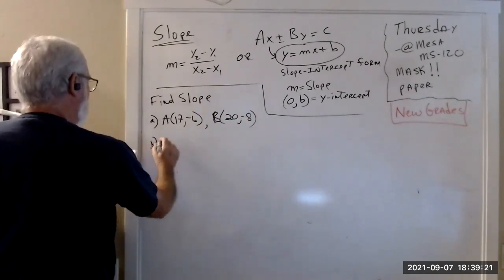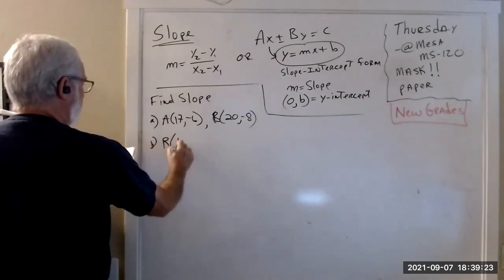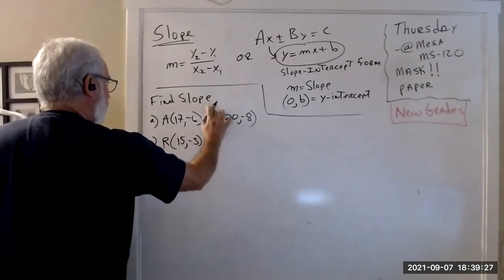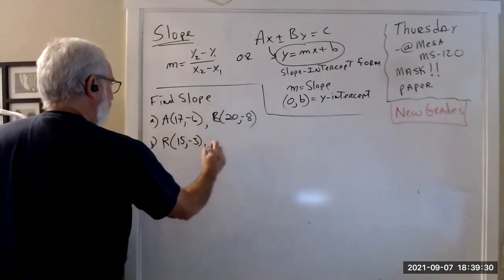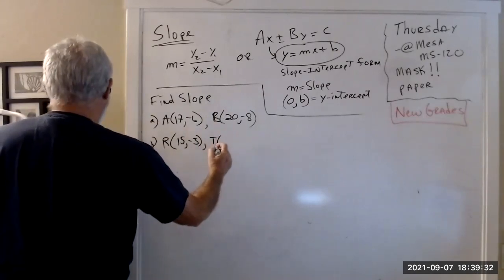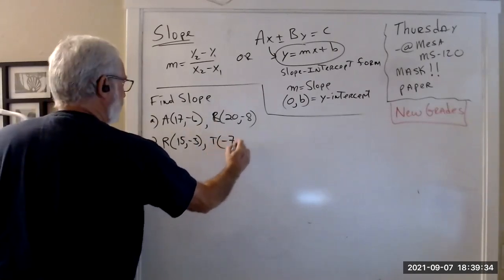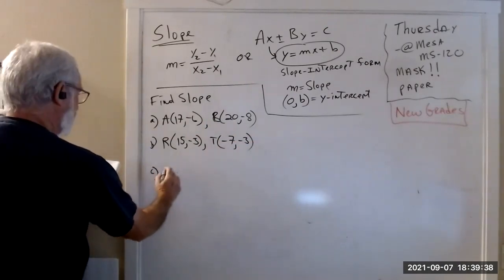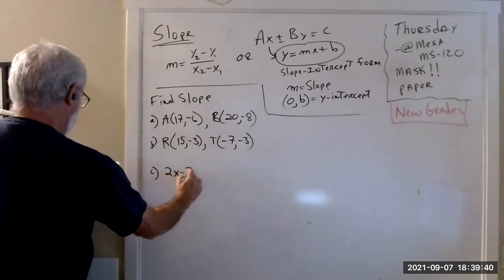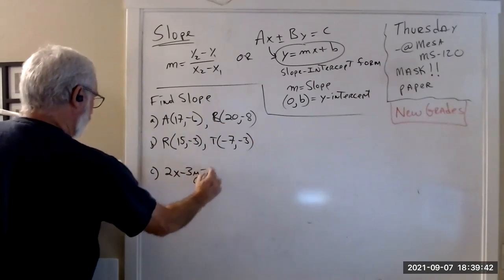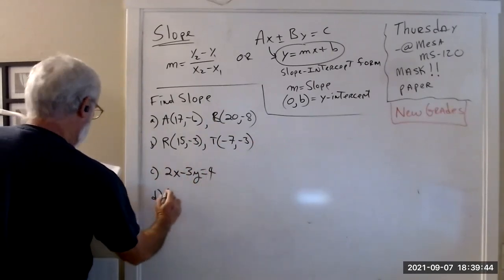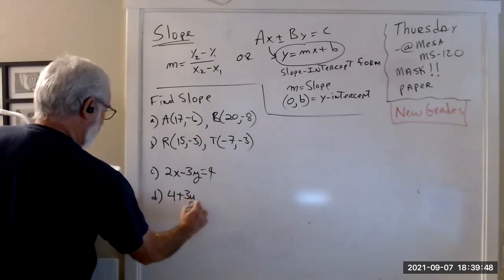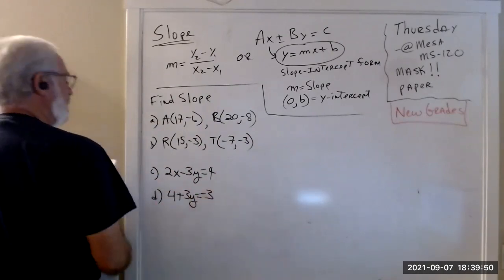Problem B, point R is going to be (15, -3) and point T is going to be (-7, -3). Problem C is going to be 2x minus 3y equals 4. Problem D is going to be 4 plus 3y equals -3.